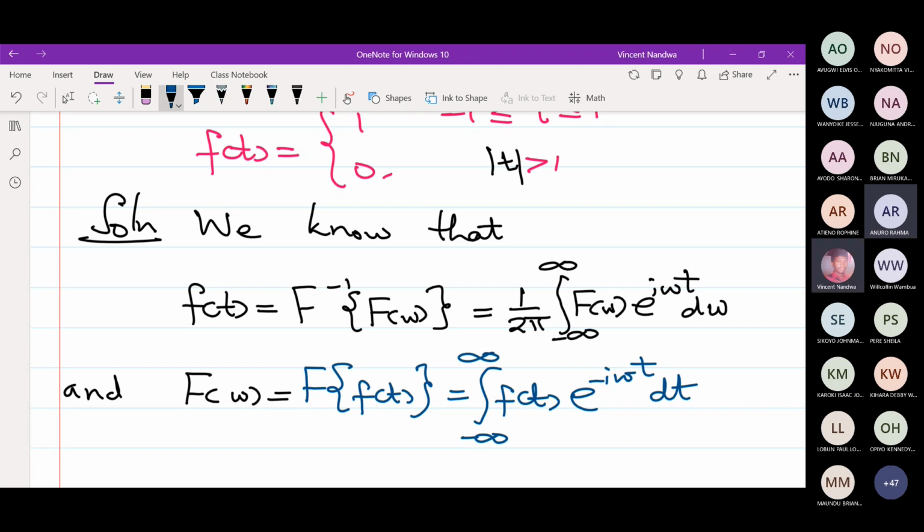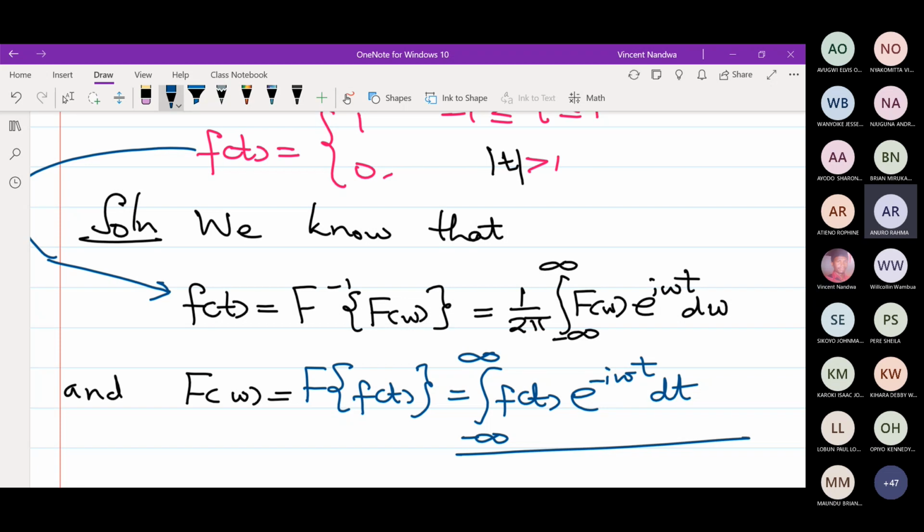So what the question is asking us is to rewrite this f of t in this form involving the integral and this coefficient 1/2 pi, where the transform is given by this integral.